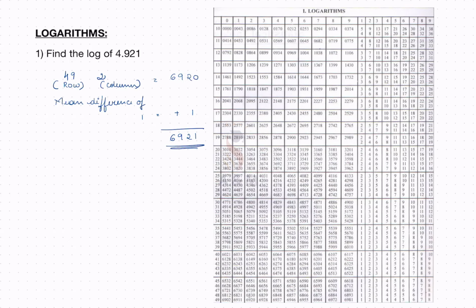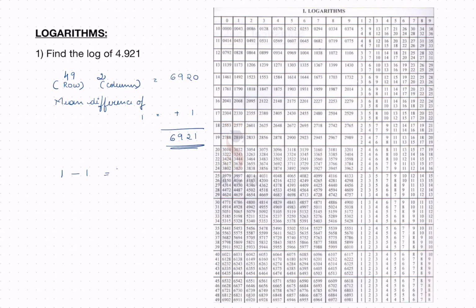Next, you got this value. After that, you have to place a point here. How do you place a point? For this, you have to check the question. Before the decimal point, you have to check how many digits are there. Before the decimal point, you have only one digit, that is 4. For this, you have to minus 1.